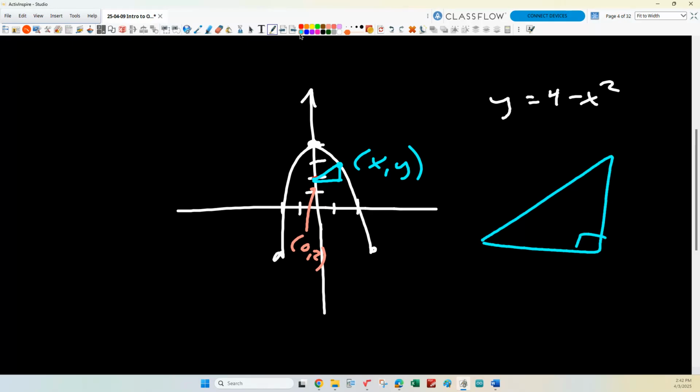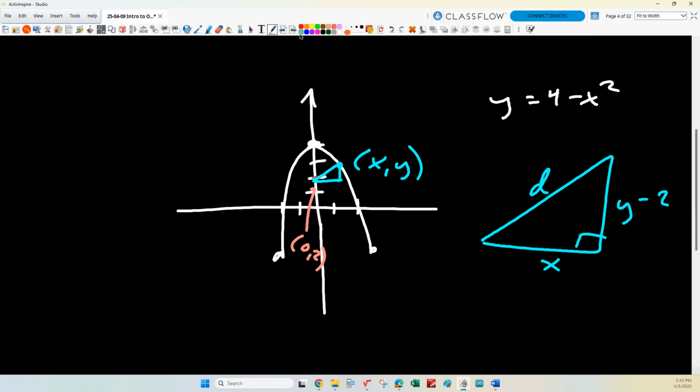So it's a right triangle. Isn't the base of that just x? Everybody agree? The hypotenuse is what we could call d for distance. And the height, that's 2 and that's y, so isn't it just y minus 2? Everybody buy that?